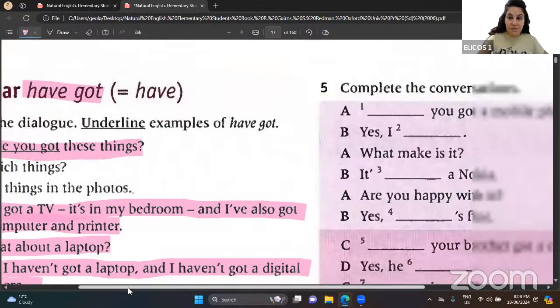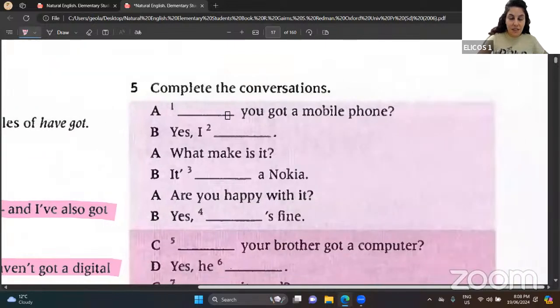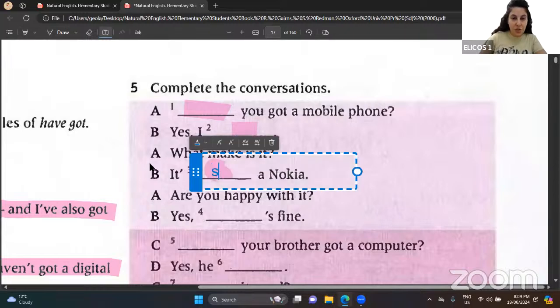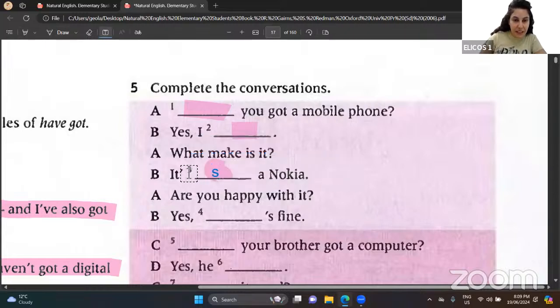So what would you say in the first one? Have you got? Yeah, so I would put have here. Have you got a mobile phone? Yes, I have. What make is it? It's, yes, so we need to put, because it's, I'll write it in, you just need to put the S because you already have the attachment here.